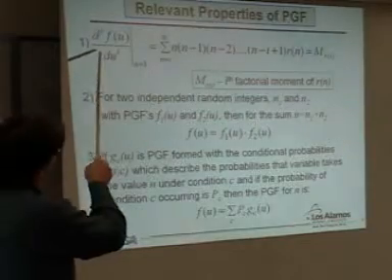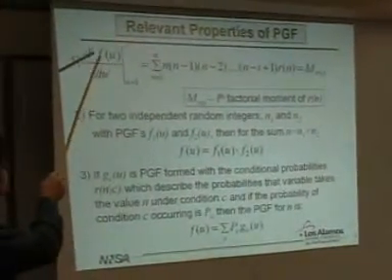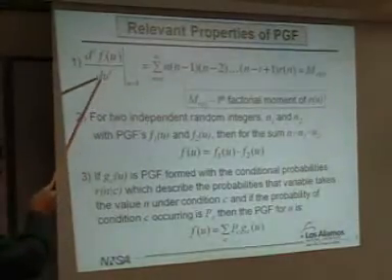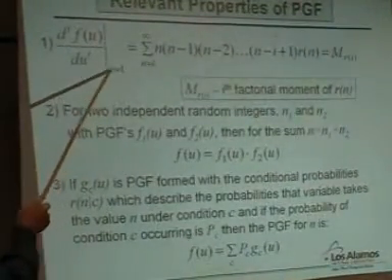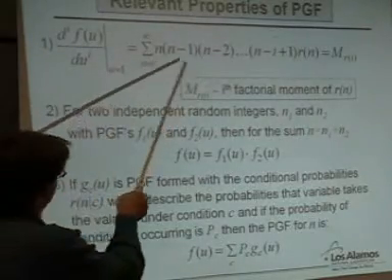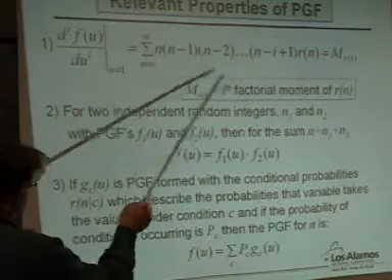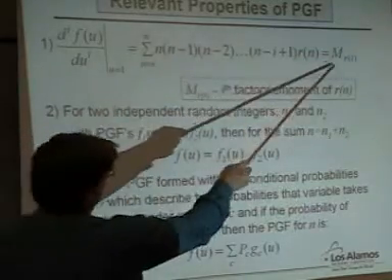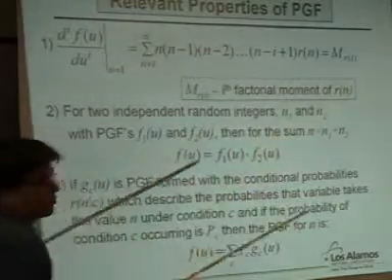The first relevant property is the fact that if I take the derivative of the probability generating function as a function of the dummy variable and set the dummy variable equal to 1, what I get out is this. This you can just easily do by doing derivatives. But what this is, is the ith factorial moment of the probability distribution.